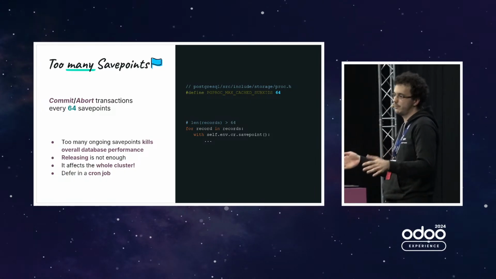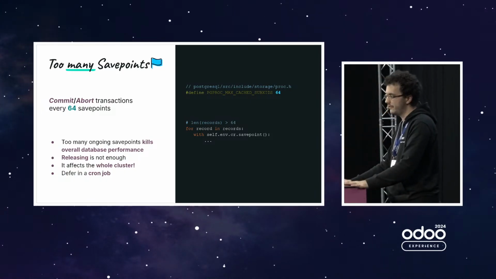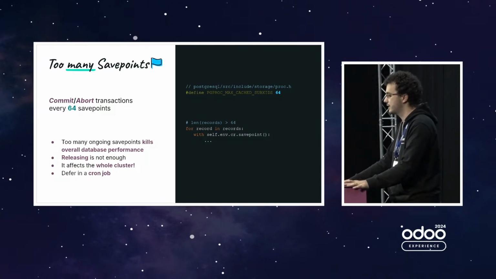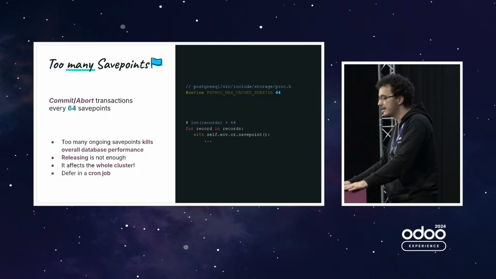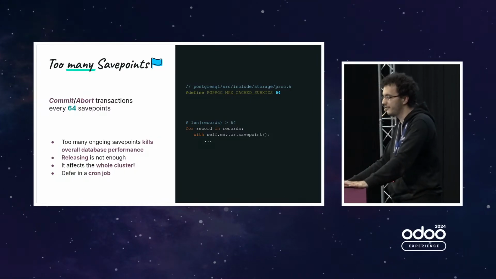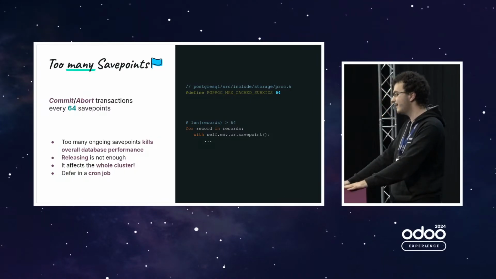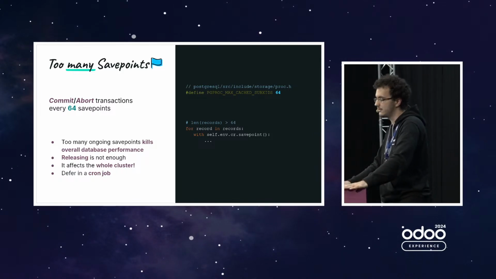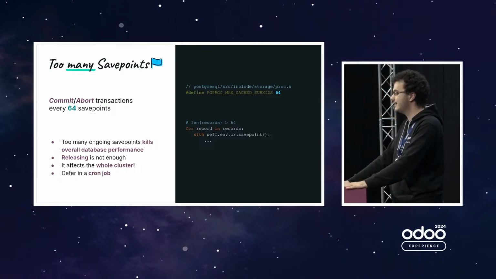That bookkeeping is actually fast when it's in cache, and that cache has 64 slots. After that, Postgres falls back on writing a file to the system, and that file is guarded with semaphores and locks, and there's a lot of contention.